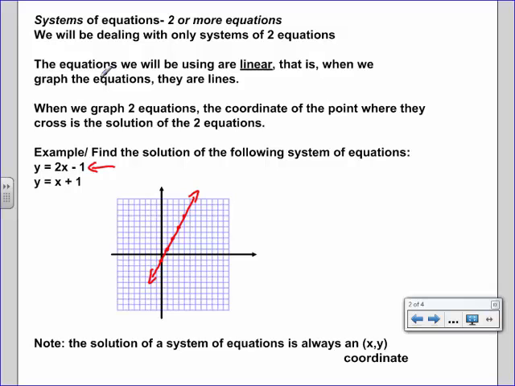This has a y-intercept of 1. And remember, if it just says x, that's the same as 1x, which is a slope of 1 over 1. So we'll count up 1 over 1, up 1 over 1. And draw a line to connect those points.